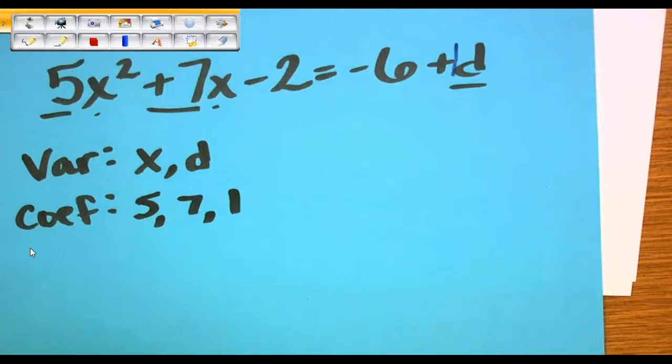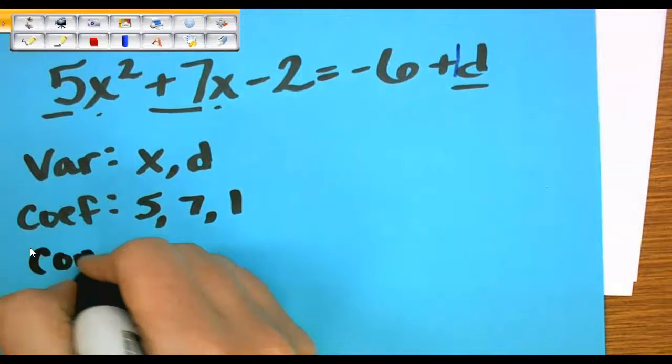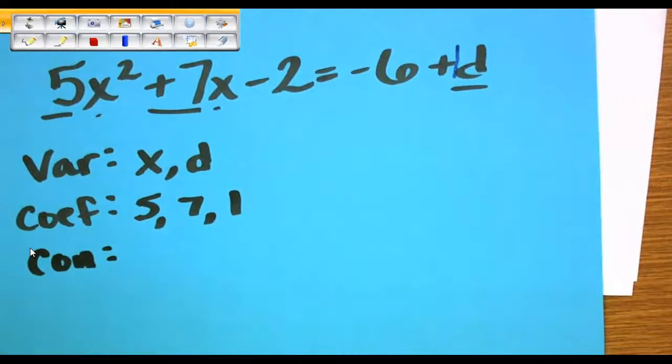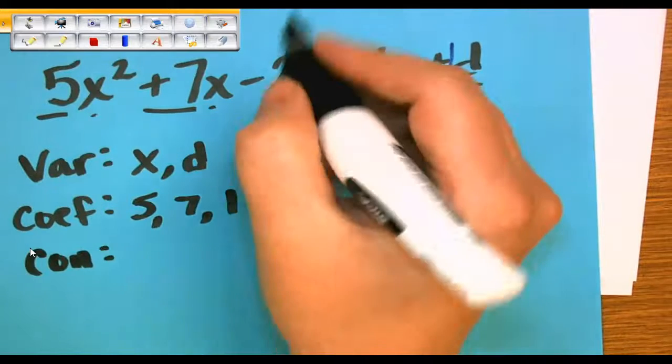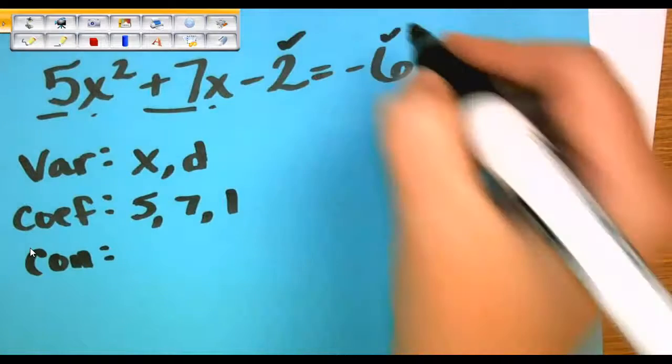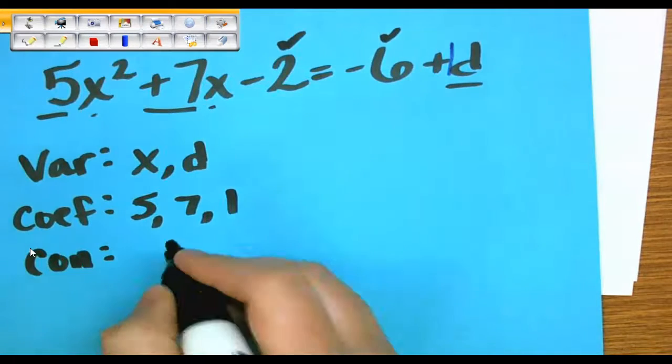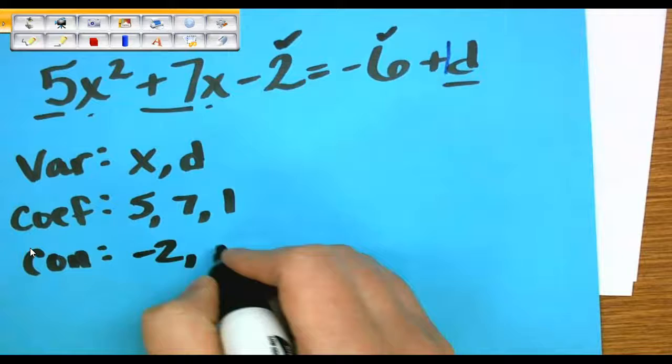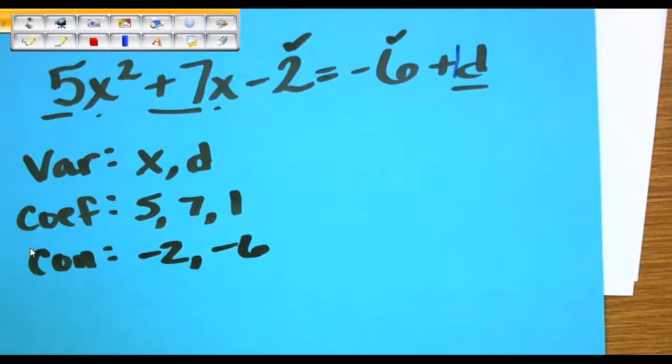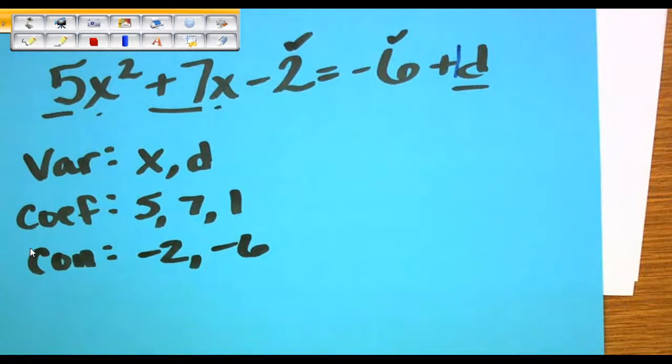Next one, we have constants. So do I have constants here? If so, what are they? And I do. I have a -2. Remember to take that sign. And a -6. Those are my constants in this equation. And lastly, I am going to do my terms.